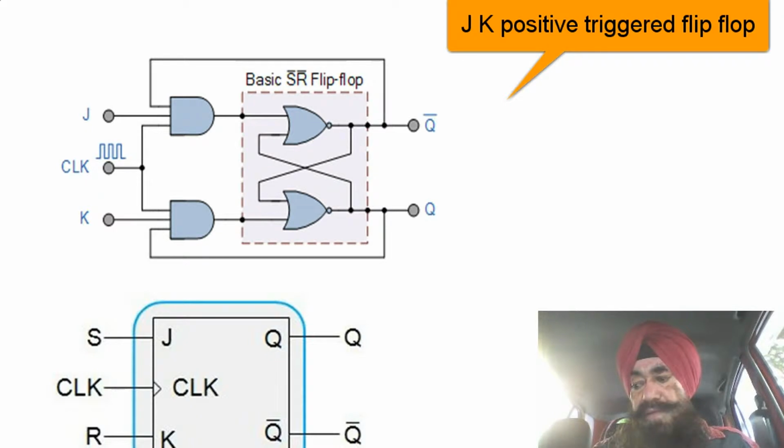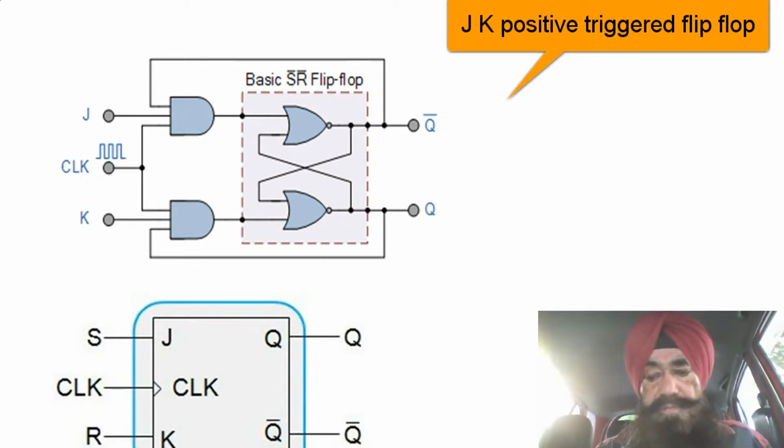in that case, the RS flip-flop forces both Q and Q complement to come on the same logic level, which is not possible because Q should be the complement of Q. Okay, that was an illegal condition.